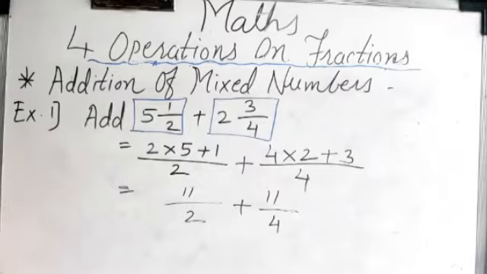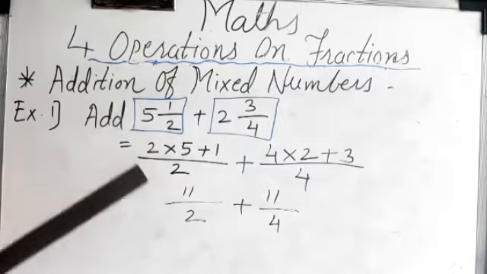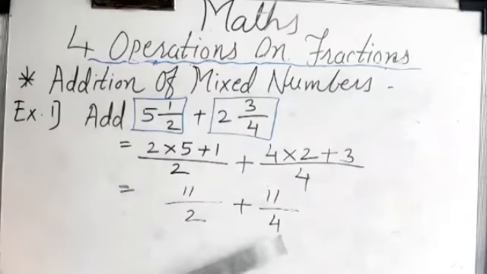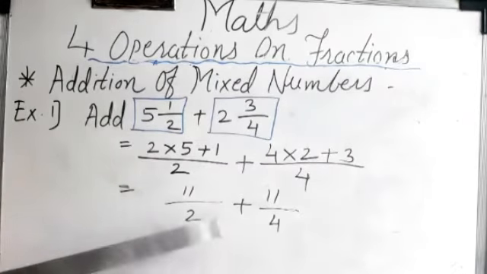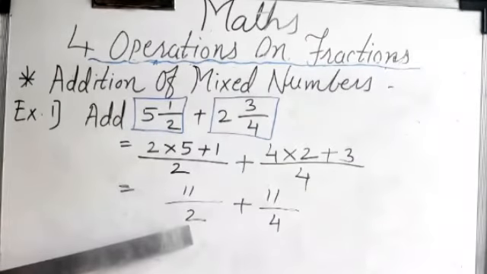So for such an example, how to add these two improper fractions? You know the cross multiplication method, or you have to do one thing: equalize the denominators. Now, see for 11 upon 2 what is the denominator? 2.